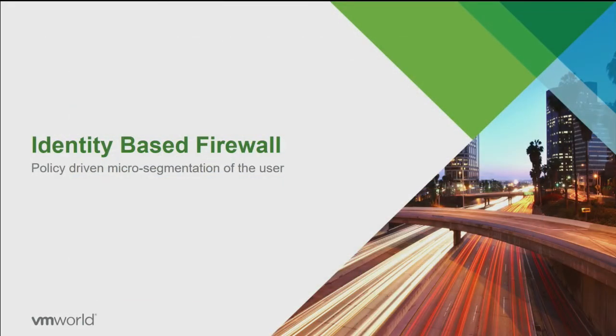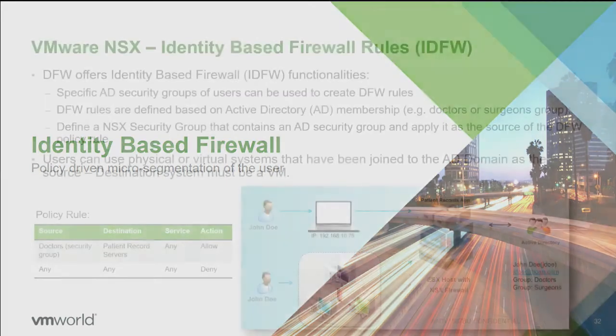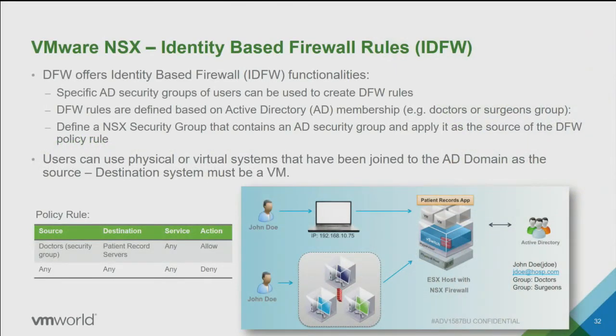Next I want to talk about the identity-based firewall. Identity-based firewall allows for policy-driven micro-segmentation based on users and user sessions. It's specific to AD security groups, and distributed firewall rules are defined based on Active Directory membership. Users can use either physical or virtual systems that have been joined to AD, but the destination system must be a virtual machine.